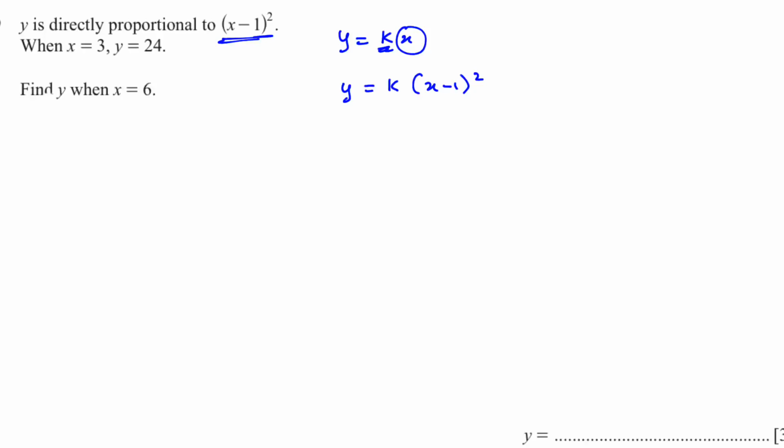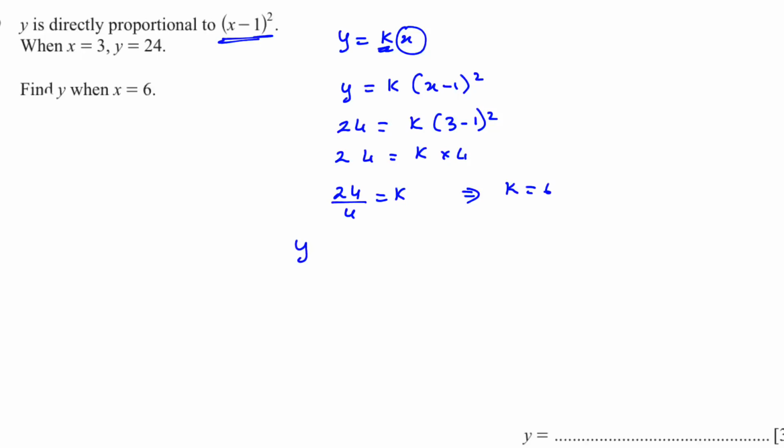Replace the x and the y. Y is 24 and k is 3 minus 1 square. This will give us 3 minus 1 is 2 square, 4. Divide the 24 by 4 and you will get k is equal to 6. Form your equation.